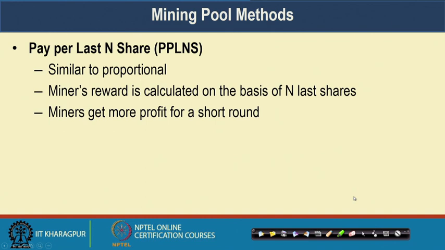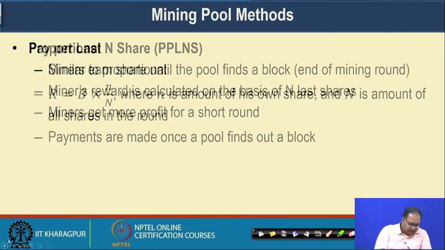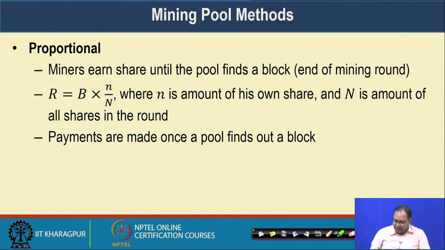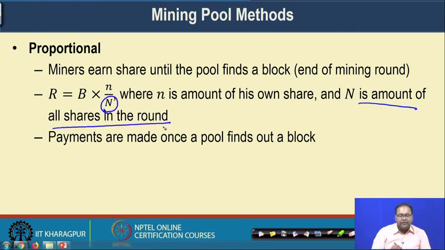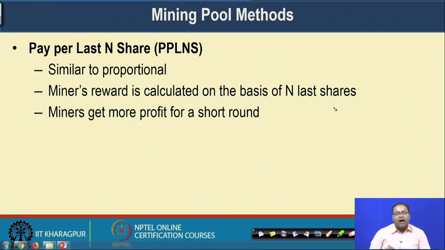Then we have pay per last n shares, PPLNS. The PPLNS method is similar to the proportional share. The only difference is that in proportional share, capital N is the number of all shares in the round, whereas in the next method we consider only the last n shares.